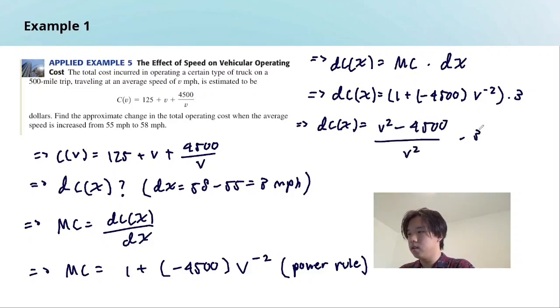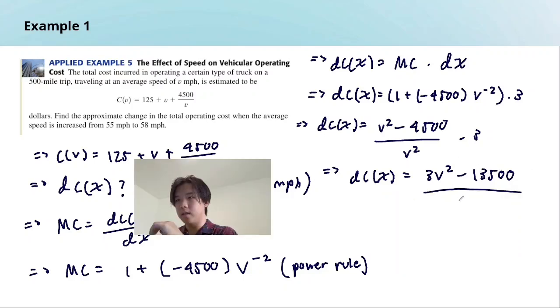and now dC(x) will be 3v squared minus 13,500 over v squared, and it is asking to find the approximate change in the total operating cost.